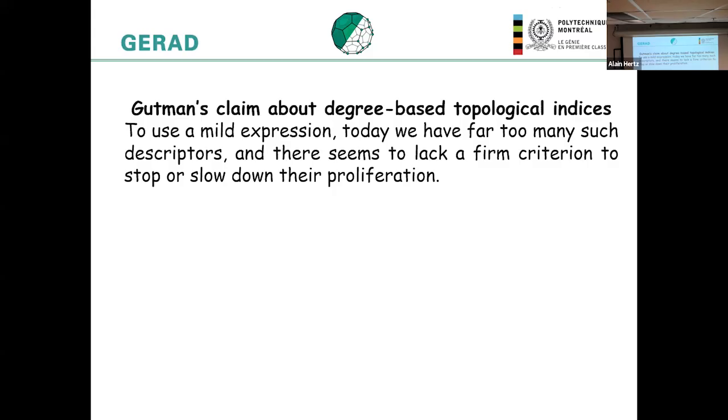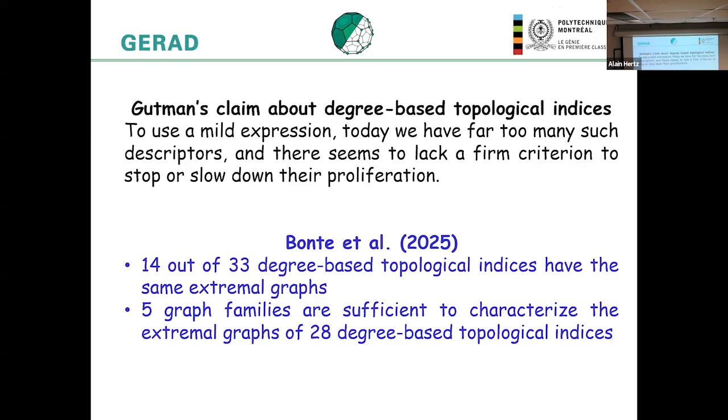They seem different, but there are too many of them. And so we made the first study in January of this year. This is also a cahier du GERAD with some co-authors from Belgium. We studied the 33 most famous degree-based topological indices, and we have shown that 14 of them have exactly the same optimal molecules.